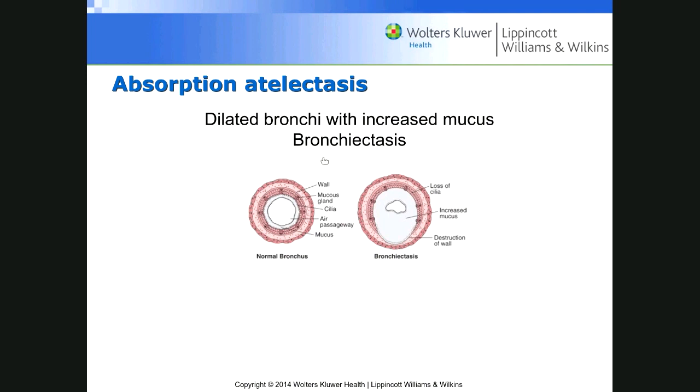Okay, bronchiectasis, you can see here. All right. The others being chronic bronchitis, emphysema, and asthma. Okay, so I think I told you that already, right? The four causes of obstructive lung disease.